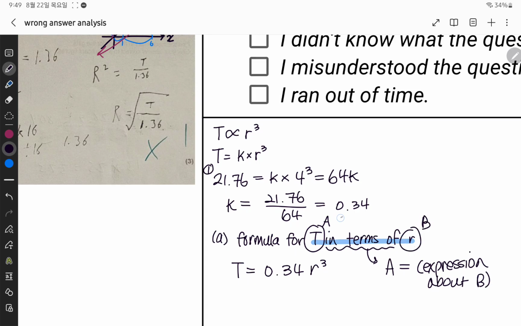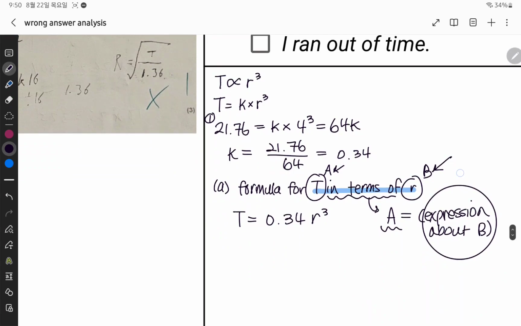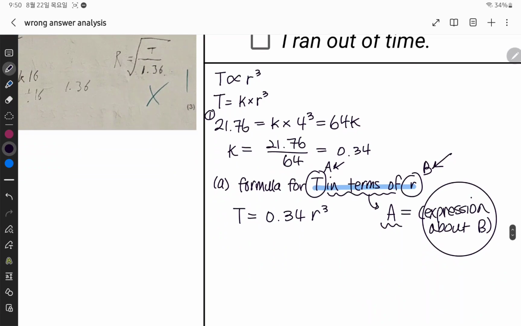So whatever is in the place of a is going to be on the left of the equation, and whatever is the expression about b goes in the other position. Referring to this kind of formula, we can express t in terms of r as t equals an expression related to r. This is how you get the answer.